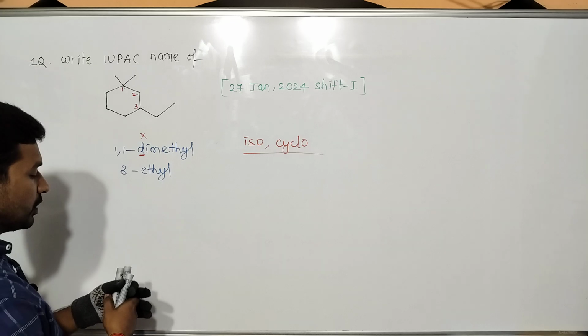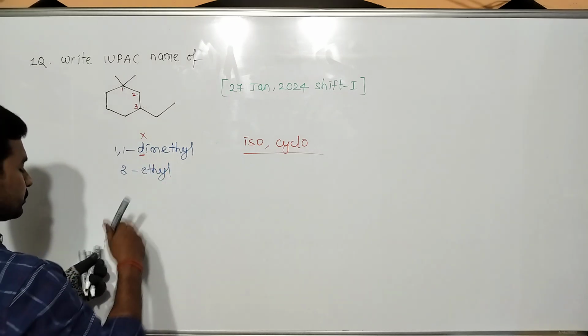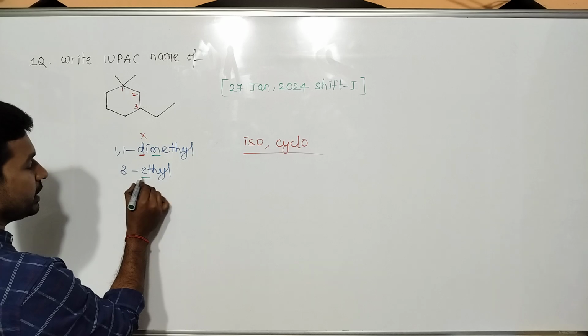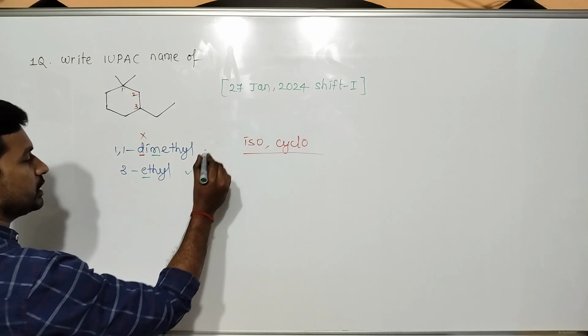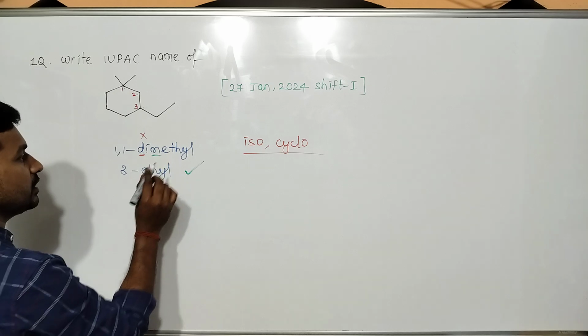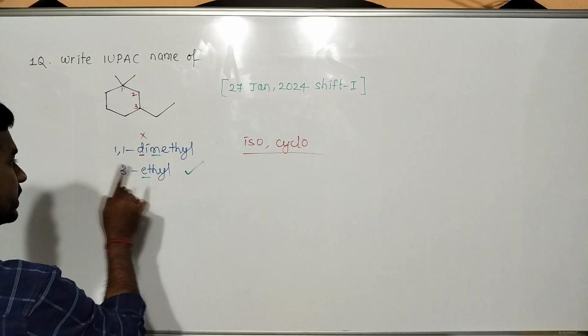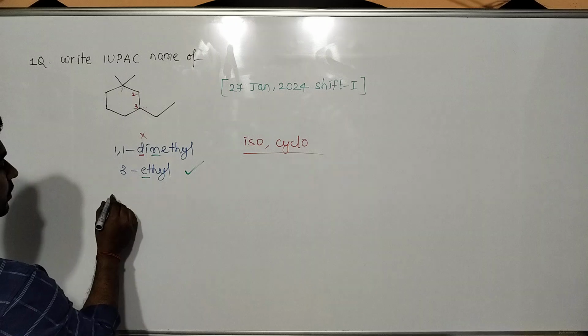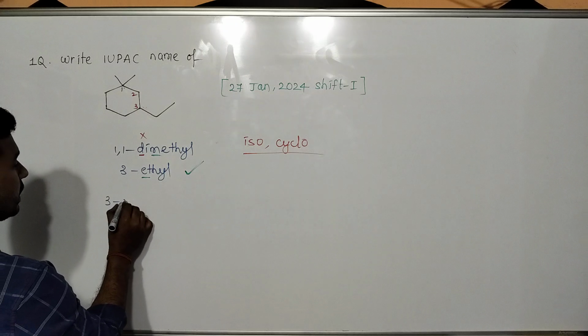So leave di. Then what do we have to consider? Methyl and ethyl. Which one comes first? Ethyl, beginning with E; E comes first in the alphabet, and this is methyl. So you have to write ethyl first. Ethyl at which position? Third position. So 3-ethyl.